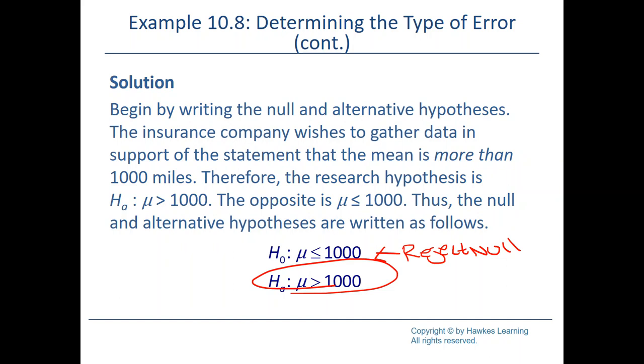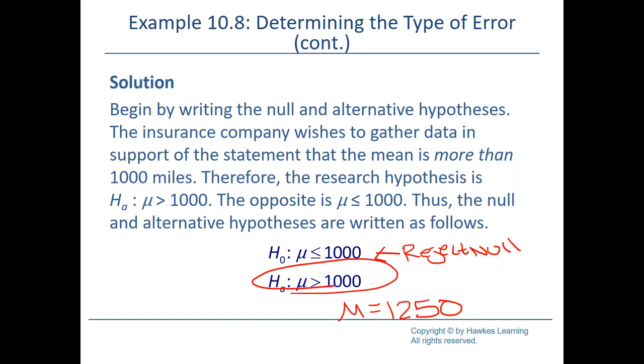Now, in reality, mu was actually equal to 1,250. So was there actually an error made? Well, if we reject this in favor of this, and this is actually the true answer, then isn't 1,250 more than 1,000?